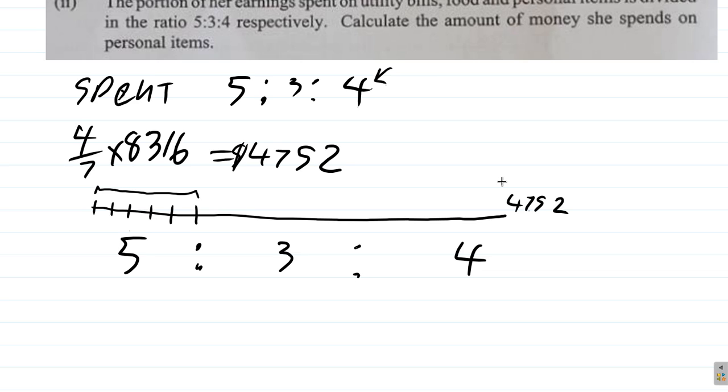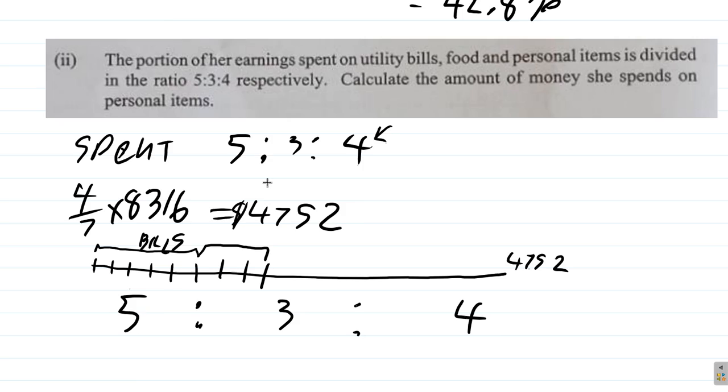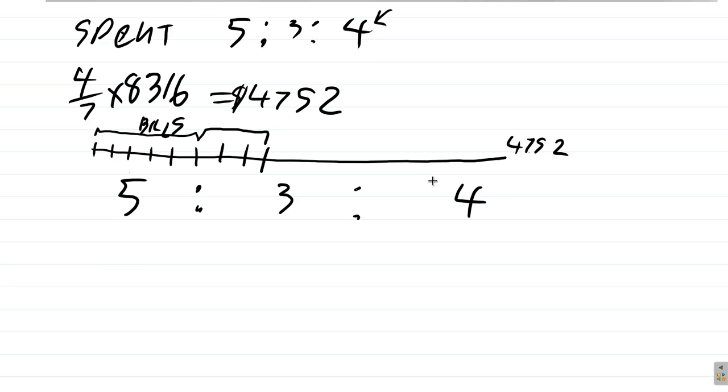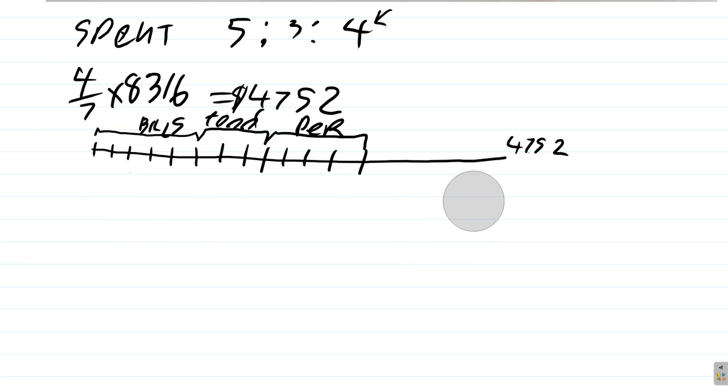That part is utility bills, and then 1, 2, 3, that part is food, and then 1, 2, 3, 4, the 4 part is personal items. I didn't draw my line long enough, but anyway, you have 5, 3, 4.